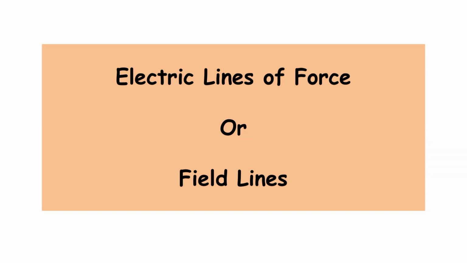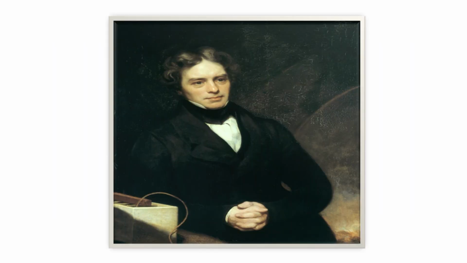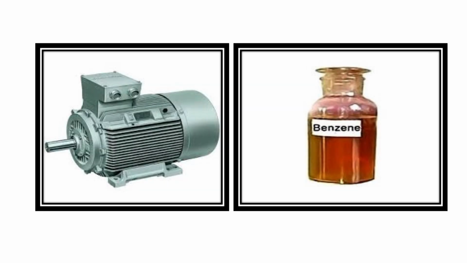And today we will discuss about geometrical or graphical representation of electric field, that is electric field lines or lines of force. So, students, do you know who is he? The one who never had a formal scientific education, but a self-taught scientist, famous for the study of electromagnetism and discoverer of benzene as well.